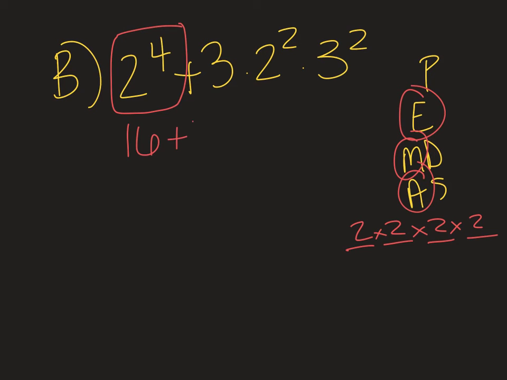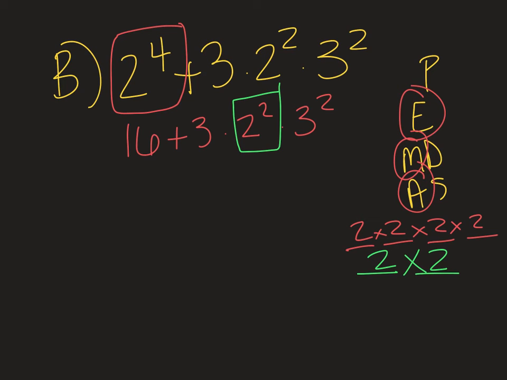Then I'm just going to rewrite everything. Okay, still not done with exponents, so let's keep moving. 2 to the power of 2, that means I have 2 lines. 2 times 2 is going to be 4. And then we rewrite everything.